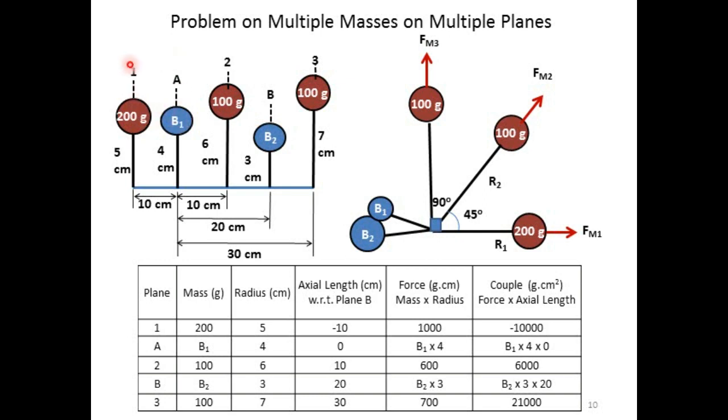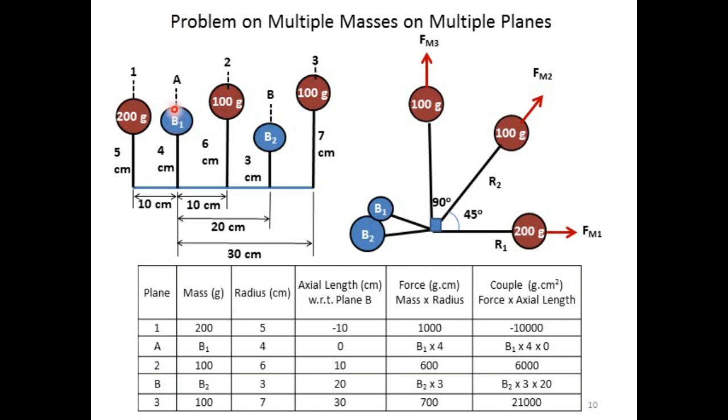Interestingly, if there is a couple or moment about plane A, the direction will be, for example, if the moment of the unbalanced mass at gear 1 is clockwise, then the moments of the remaining masses will be counterclockwise, because they are on the other side of this arbitrary plane.